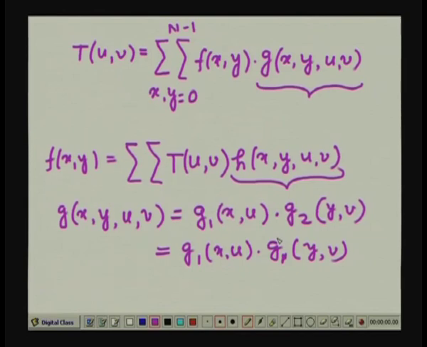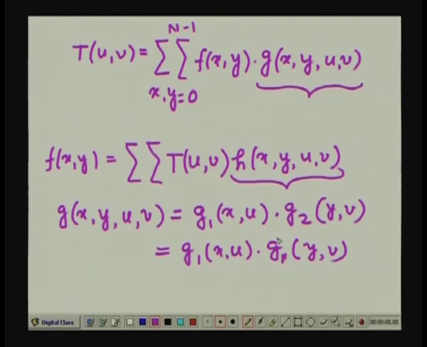So, here what we have is that this class of transformations is called separable as well as symmetric, and the same is also true for the inverse transformation kernel, that is h(x,y,u,v).